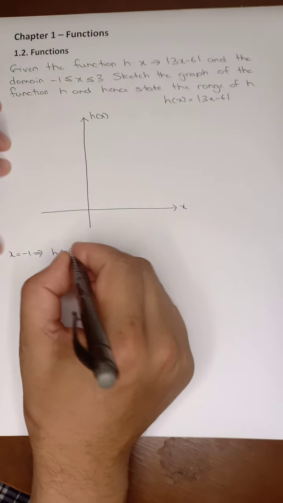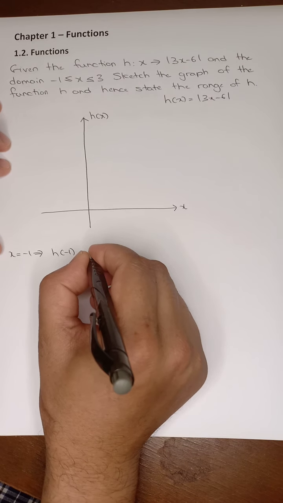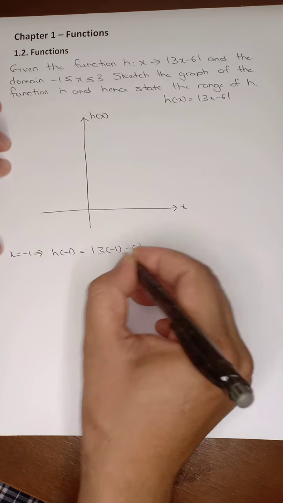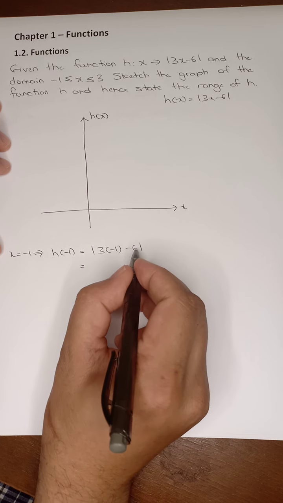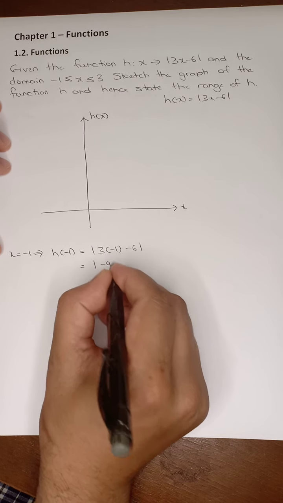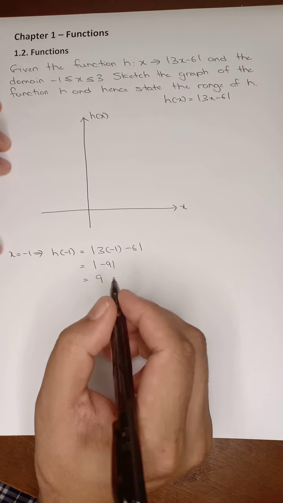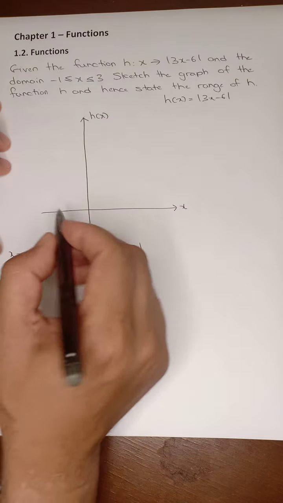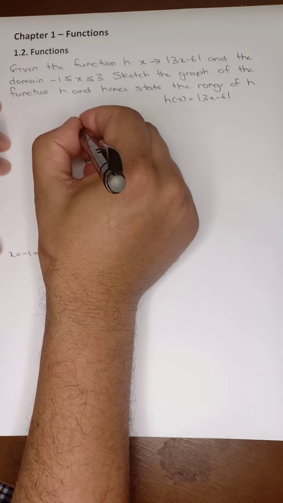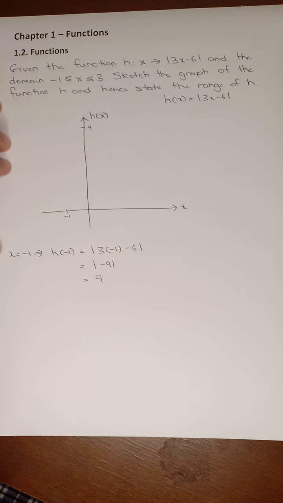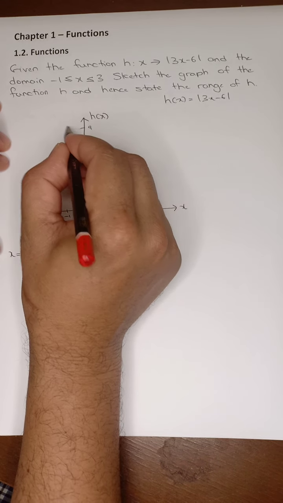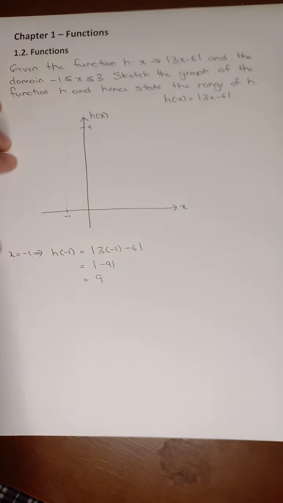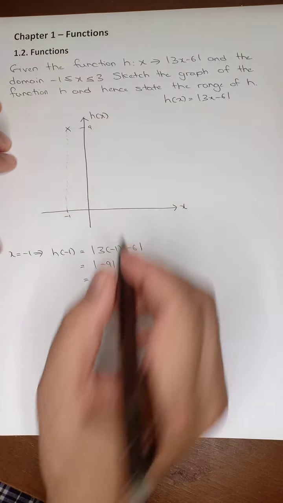So h(-1) is modulus 3(-1) minus 6. -3 minus 6, you get -9, and coming out of the modulus you get positive. So x equals to -1, you get h(x) = 9. So -1 maybe here, 9 is here. I'll try to plot that as accurately as I can. So somewhere here, okay, the point.